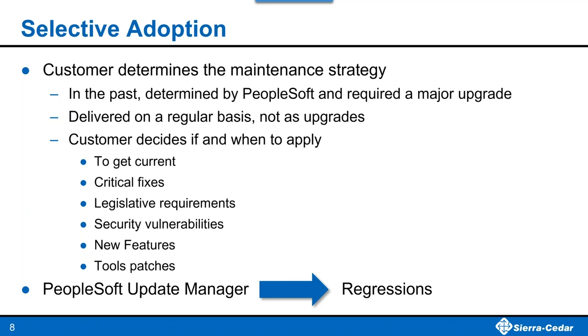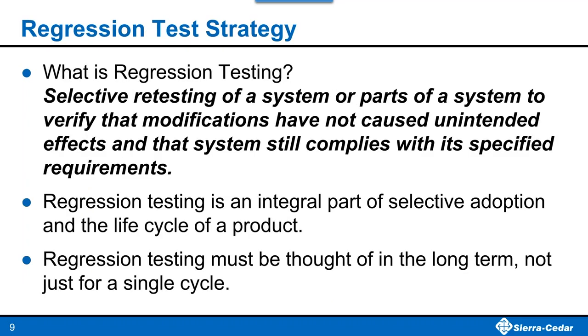And the main point is that on selective adoption, we've got to keep in mind that there are going to be regressions. Things are going to break. And we want to capture those regressions before they go into production, not after production. So the strategy is selective retesting of a system or parts of a system to verify that modifications have not caused unintended effects and that the system still complies with its specified requirements.